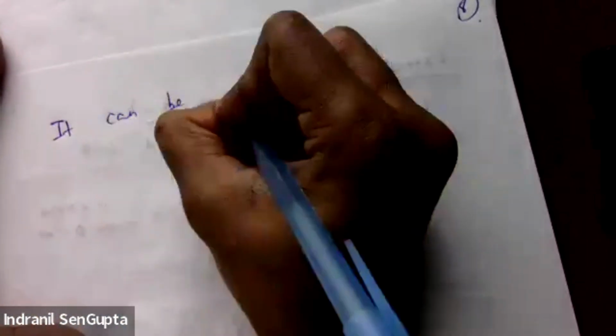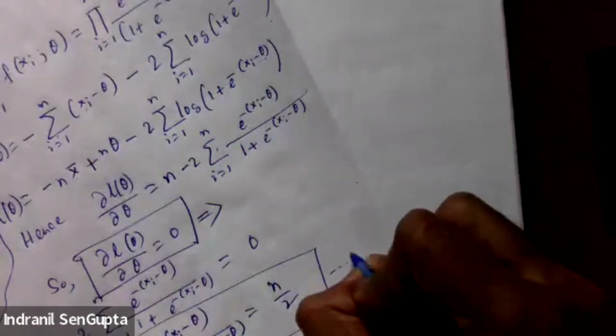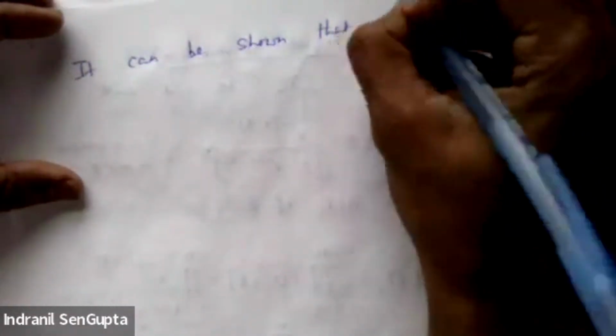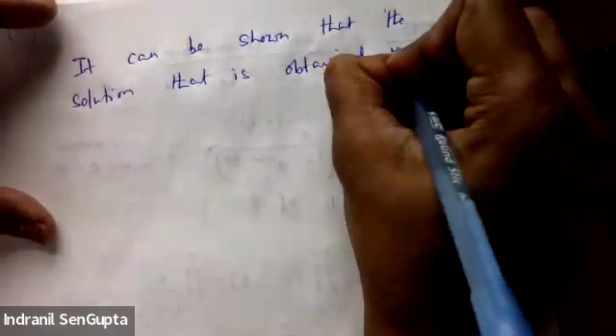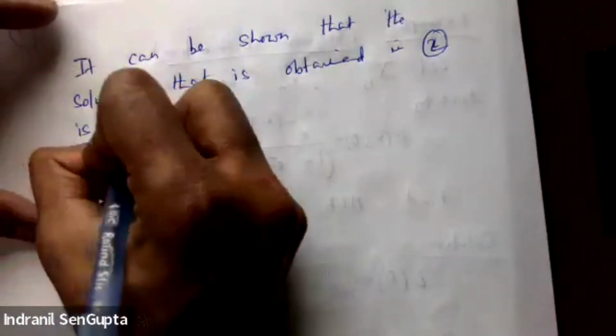What we're trying to show is, I'll simply write that it can be shown that this solution that we obtain, let's call it 2, is unique. Okay.